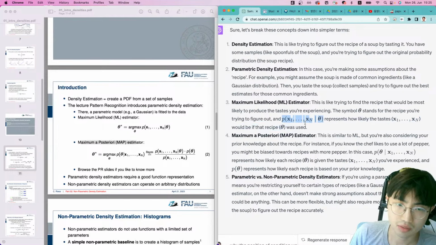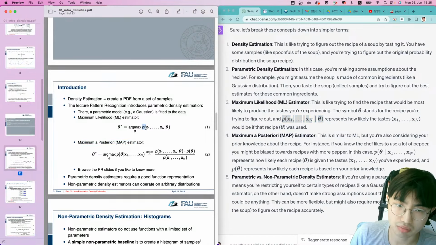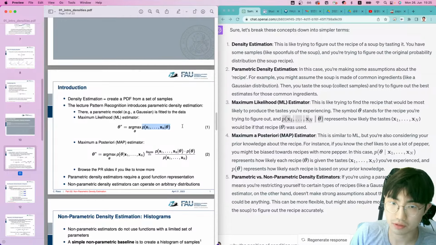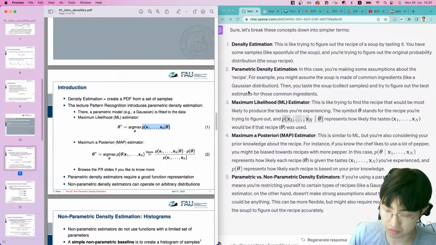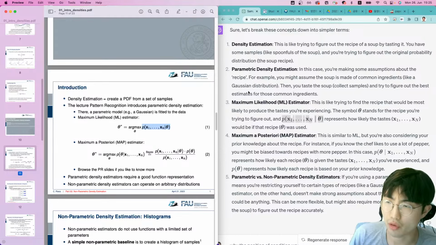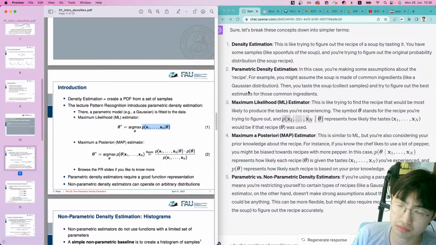So here we want to maximize this probability of the taste given our parametric assumption. If the model is a Gaussian distribution, we have the mean and standard deviation. If it is quadratic, we have the coefficient of each term, so like this.